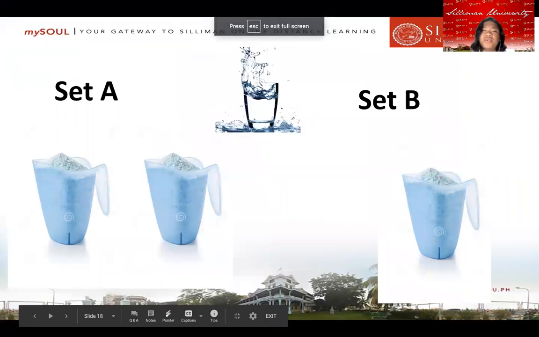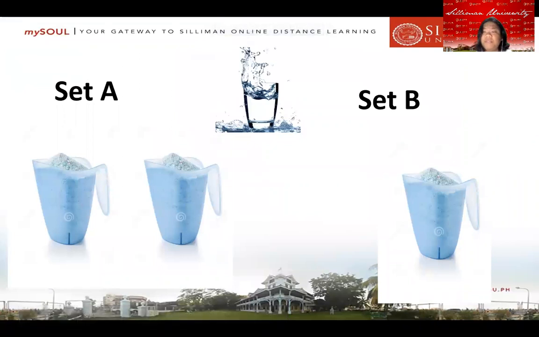I think the most common example that I can provide to you is, for example, you have here detergent powder. When you wash your clothes or your curtains or your rugs or your bags or whatever you want to wash, say you have here 2 pitchers of detergent powders. Now, if we put this in a pail of water, of course, an evidence of chemical reaction here is you will produce bubbles.